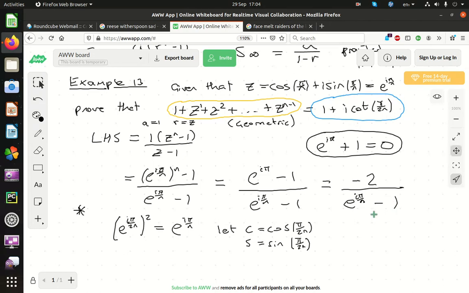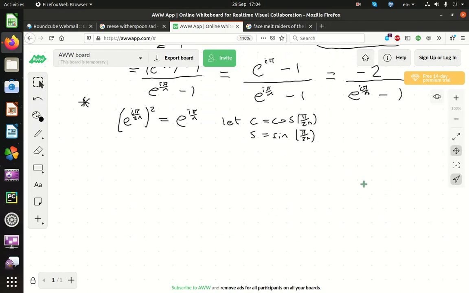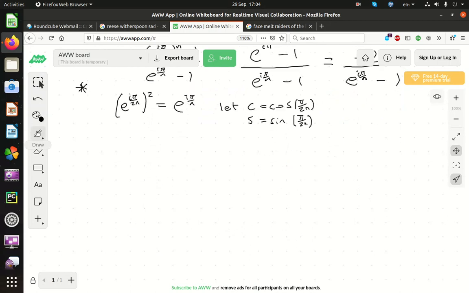Now what I can do is scroll down, I need a bit more space. I can say that on my denominator, what I've really got is minus 2 over, now it was e to the i pi over n, but that's exactly the same as e to the i pi over 2n squared, which is c plus is, squared, minus 1.